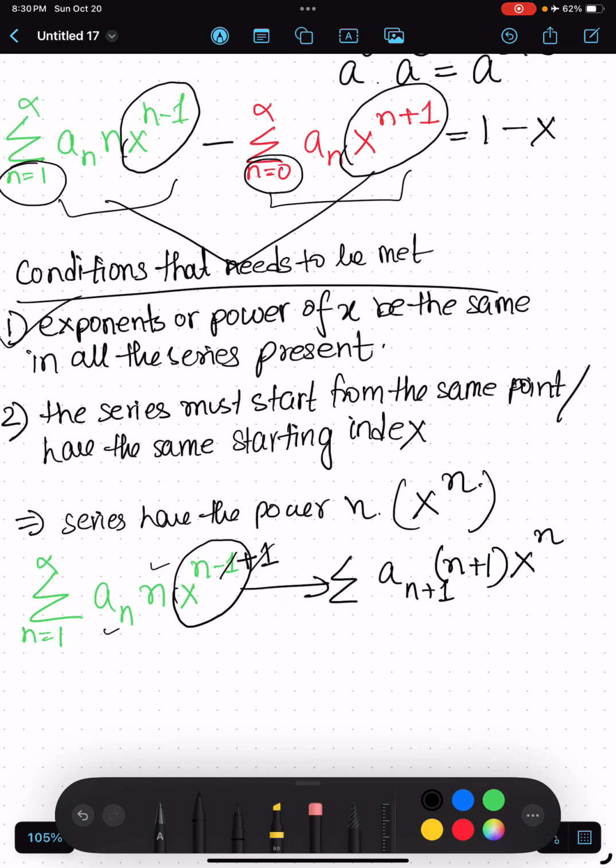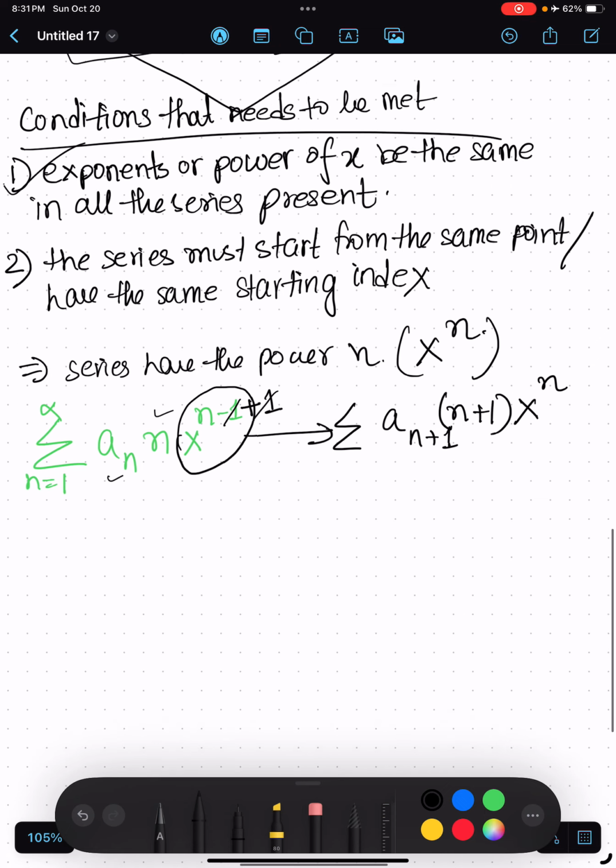Now what happens to my starting index? Well, since all my n's have increased by 1, that means my starting index will decrease by 1. So let me go ahead and write that.